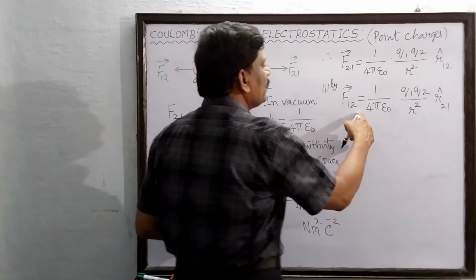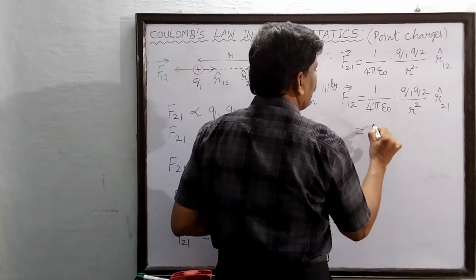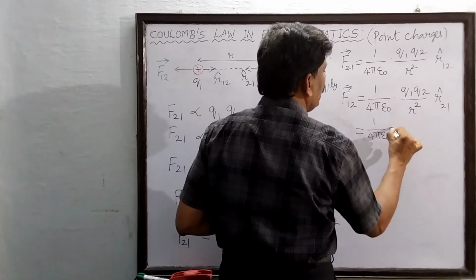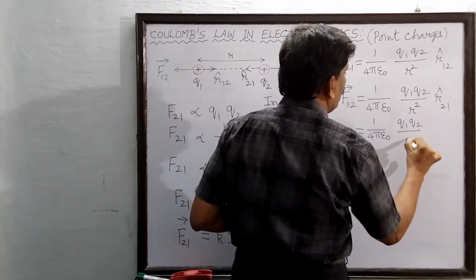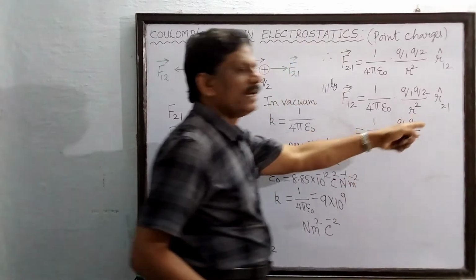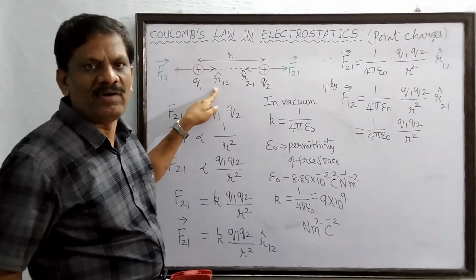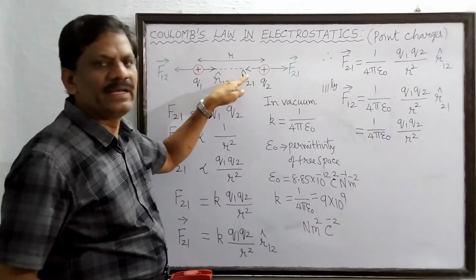Now you see here, I will write this as 1 by 4 pi epsilon naught into Q1 into Q2 by r square. Now you look at this: r21 cap is opposite to that of r12 cap. These two unit vectors are oppositely directed.